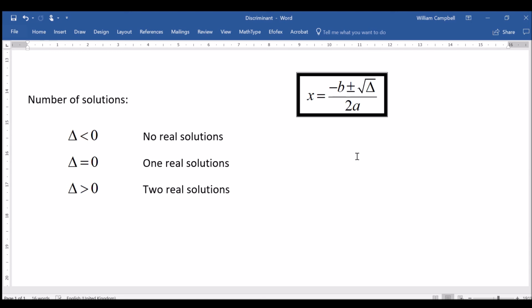If you add 0 or minus 0, it's the same thing. So in fact, we just get that answer x equals negative b on 2a. And lastly, if the discriminant's greater than 0, then we get two real solutions. And that's what we're most familiar with so far, but we'll see lots of examples that don't give two real solutions from now on.